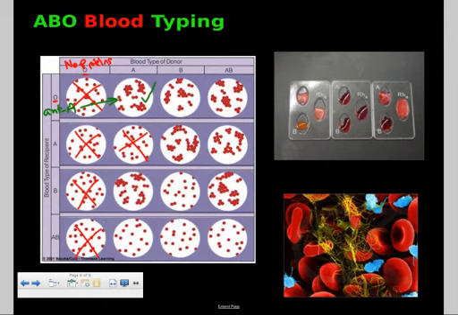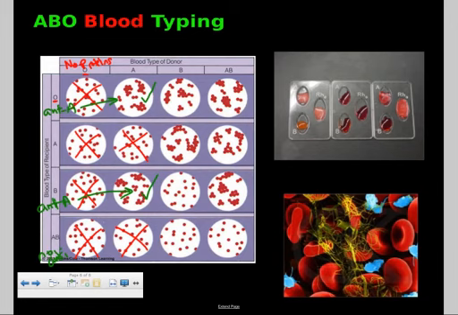If we add type A to type B blood, the B has antibodies for A, and it will attack them, and we will get agglutination. And if we add A to AB blood, since AB blood has no antibodies, we will not get agglutination.